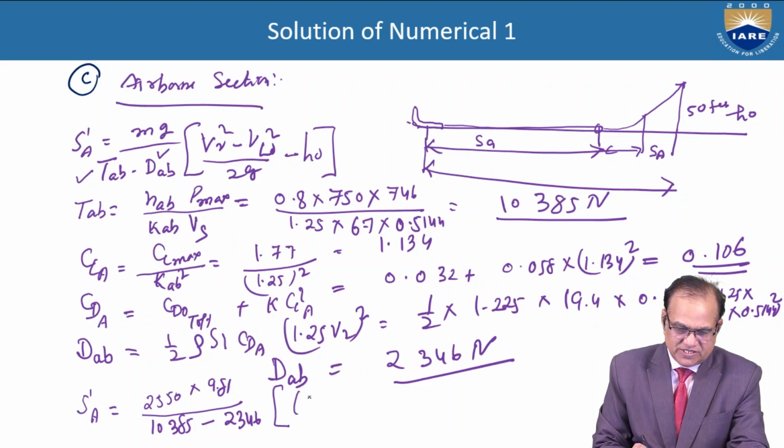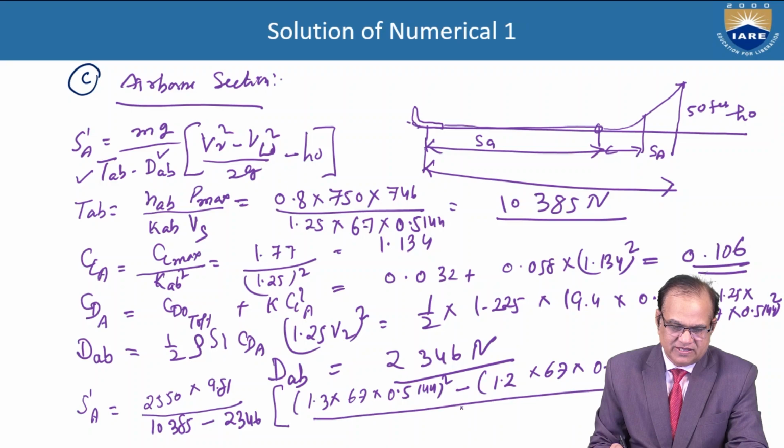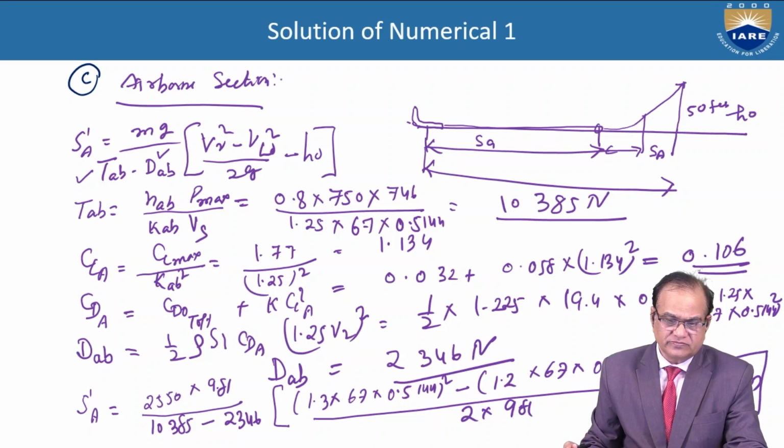So V square is 1.3 into 67 into 0.5144 square minus 1.2 into 67 into 0.5144 square divided by 2 into 9.81. So I got here SA is equal to 94.5 meter. So I got this also.